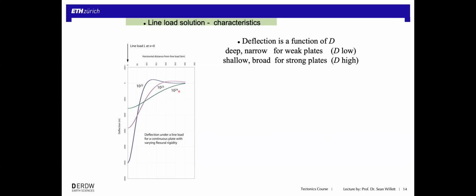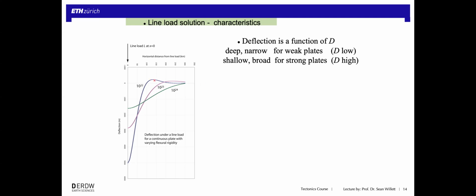But what's important here is the shape and how that depends on the flexural rigidity. The higher the number, the stiffer the plate, the less the deflection, but the longer the wavelength of the deflection. So small flexural rigidity means that it sinks deeper under a load, but the width is much smaller.